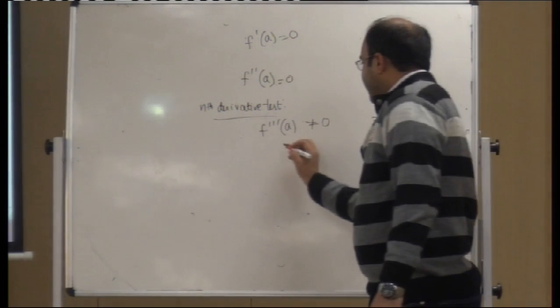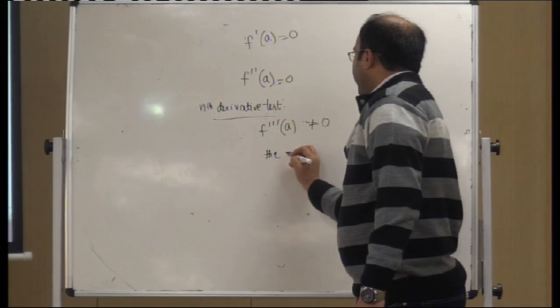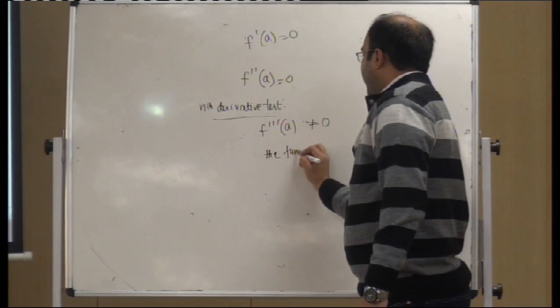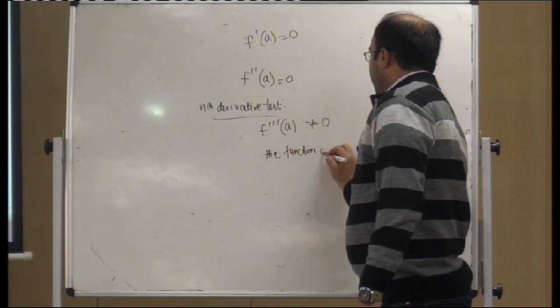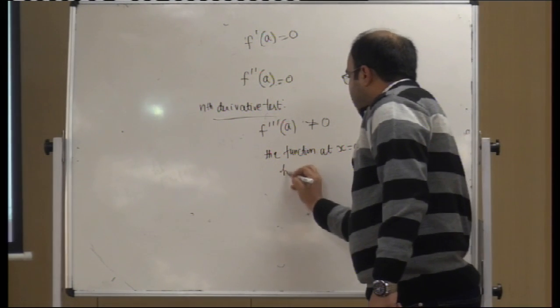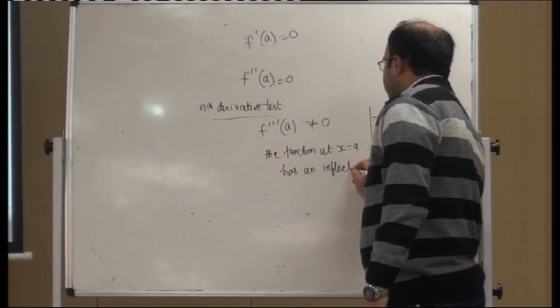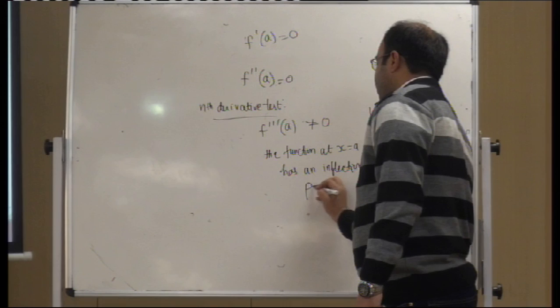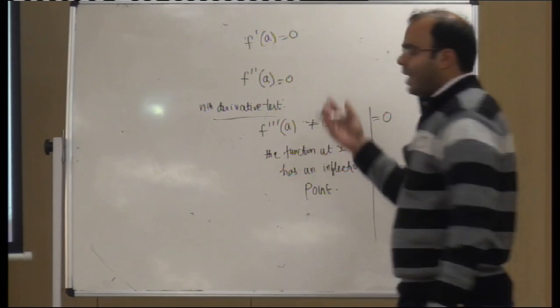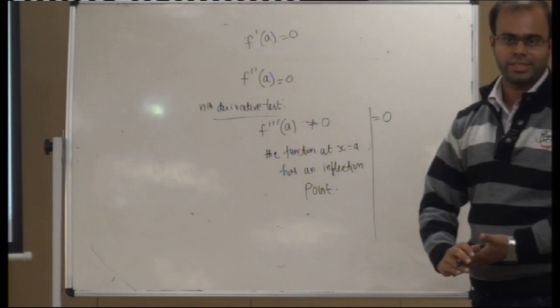Then in that case we have to comment that the function at that point a has an inflection point. Basically it is not an exact definition of inflection point, but for now we can understand this as an inflection point. Otherwise it all depends upon concavity and convexity.